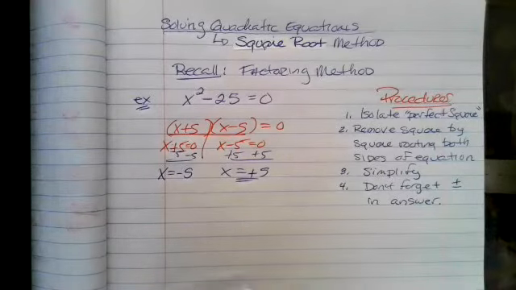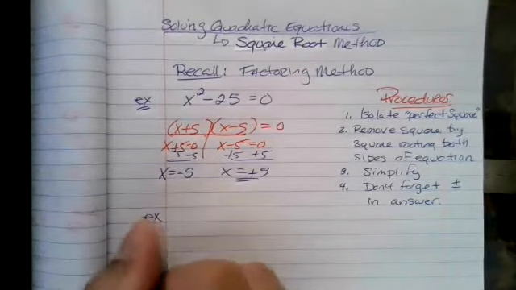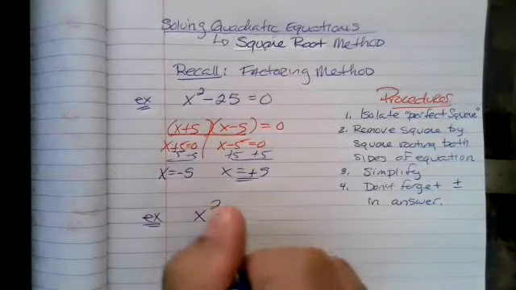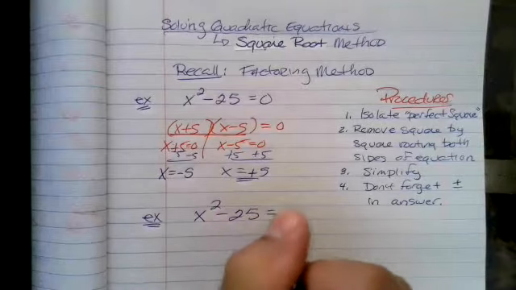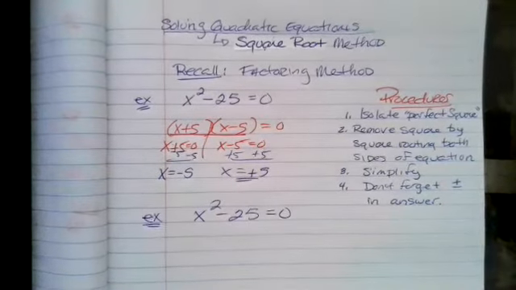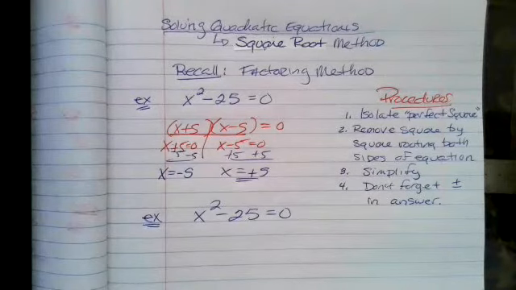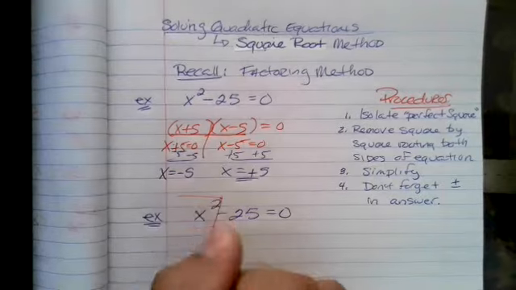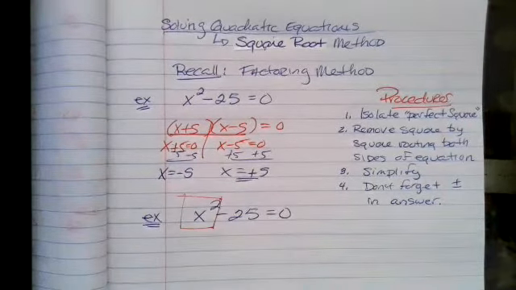So let's look at this problem using the square root method. If I have x squared minus 25 is equal to 0, with the square root method, I don't want the equation equal to 0. What I'm more concerned with is isolating our perfect square variable. So I want to get x squared by itself.